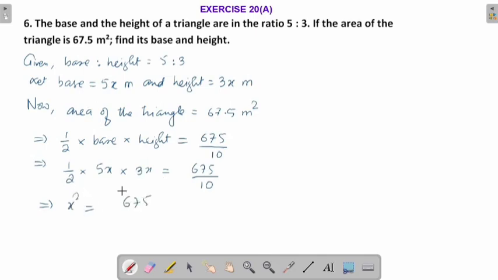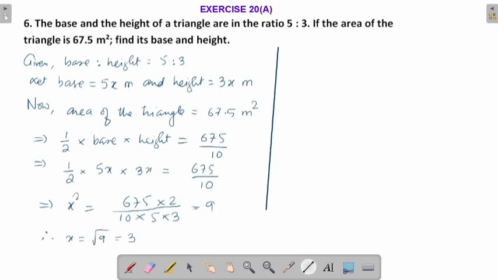So we have 675, 2 goes to the numerator and gets multiplied, we already have 10, and 5 and 3 go to the denominator. Do the cancellation, and it should turn out to be 9. So x square is 9, which means x is root over 9, which is 3. So we got the value of x.